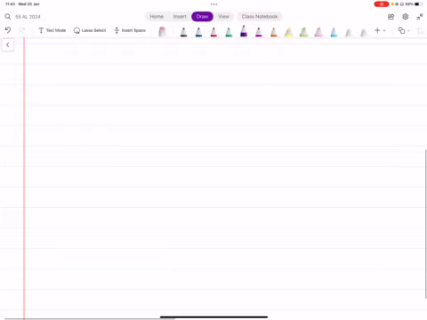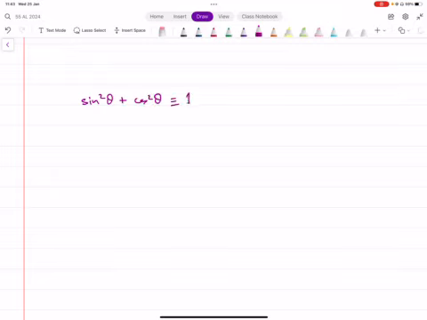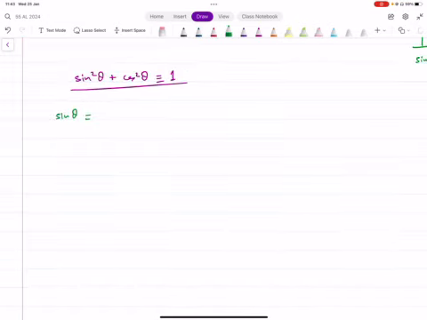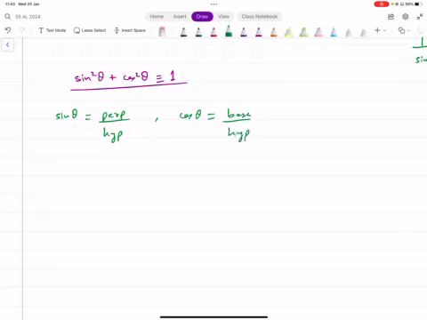Let's start with this: sine square theta plus cos square theta identical to 1. Let's think about this first. How do we define sine? Sine theta is perpendicular over the hypotenuse. What about cos? Cos is base over hypotenuse. If you were to square them and add them, what happens?